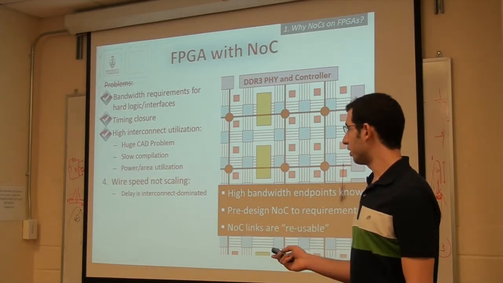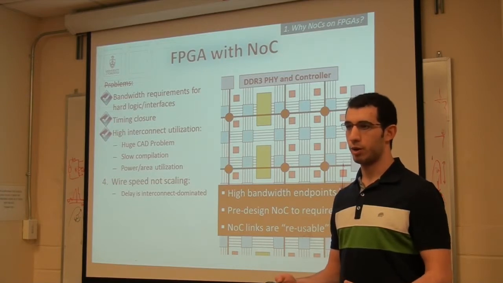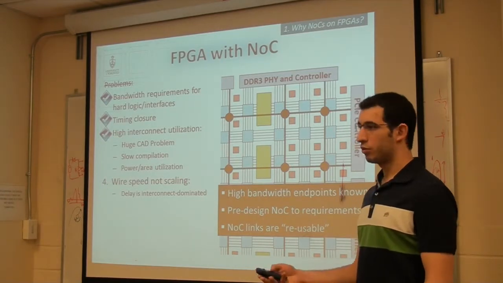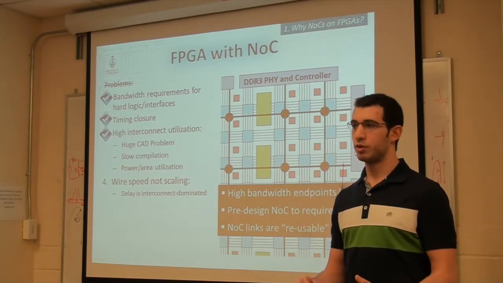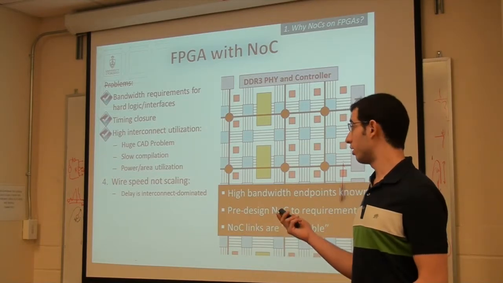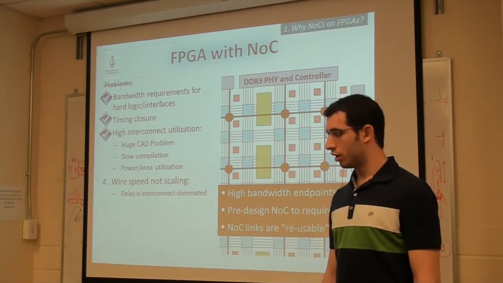As for high interconnect utilization, NoC links are reusable, so we immediately make better use of the metal. And a network on chip will also not use the same number of configuration bits, so it sort of simplifies the CAD problem. We'll see later how it can simplify the CAD problem even more.